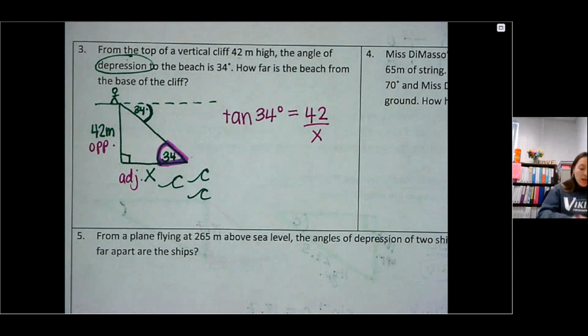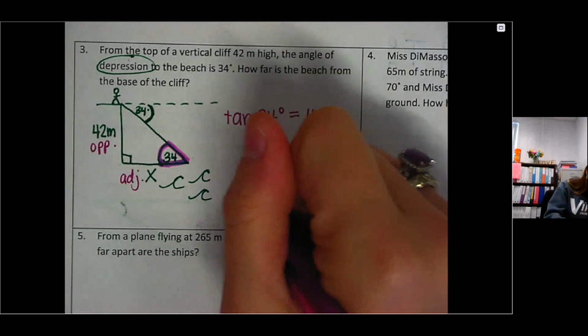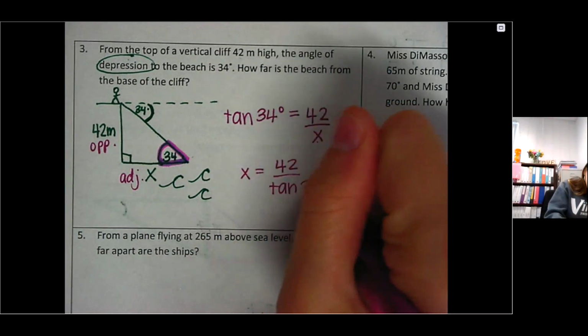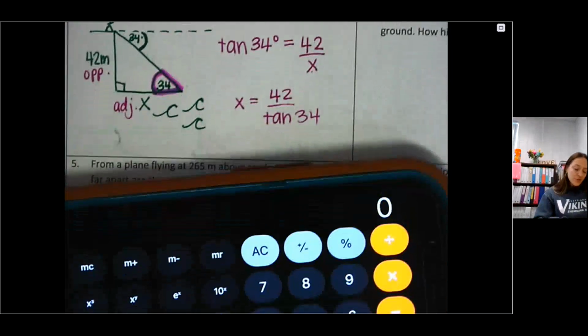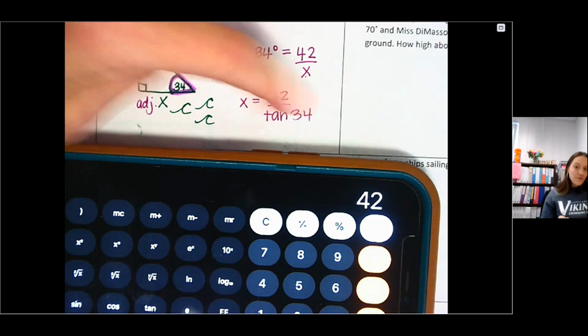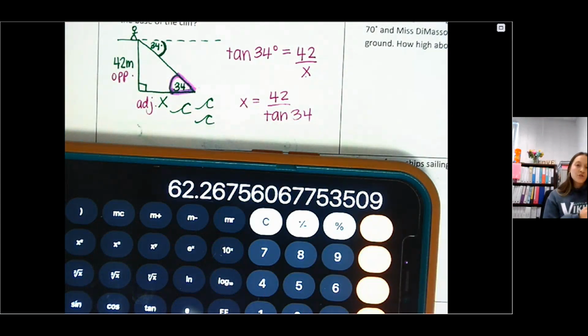And then I cross multiply. Again, though, I'm going to cut it short because the X is at the bottom, so I know I have to divide my two numbers. Now we plug it into our calculators: 42 divided by tan 34, and then we push equals.